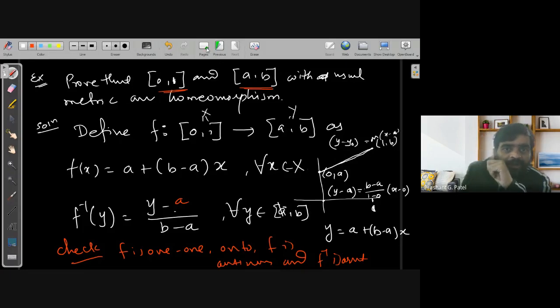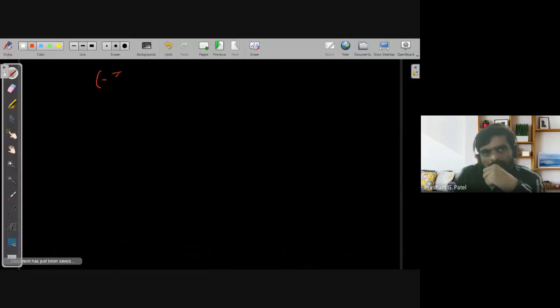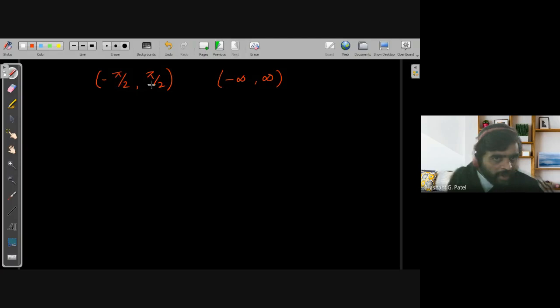These are other examples I can give you so that you can have some idea. What does this homeomorphism mean? How powerful is it? So can you prove that the open interval (minus pi by 2, pi by 2) is homeomorphic to (minus infinity, plus infinity)? That means if you study this open interval, that is equivalent to studying the real line.